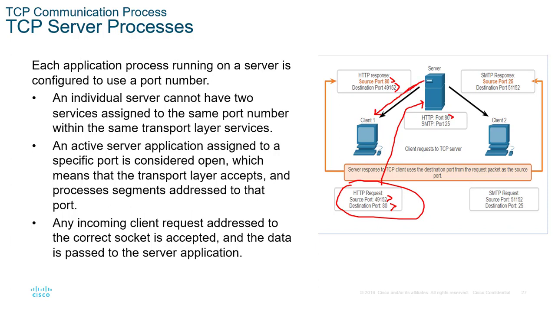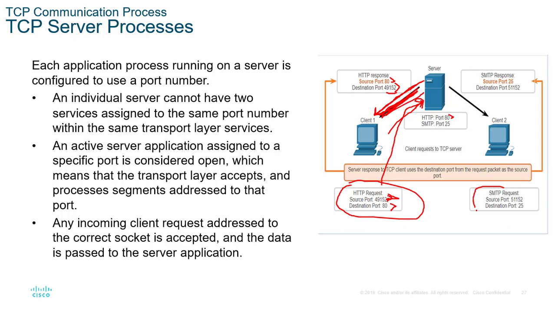So when the server's talking back, it talks back to client 1's port 49152. And it establishes this conversation so that future packets and segments coming to the server on port 80 with a source port of 49152, it knows that it belongs to this conversation between these two hosts, client 1 and the server.